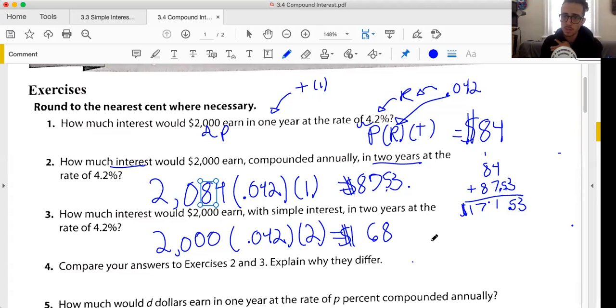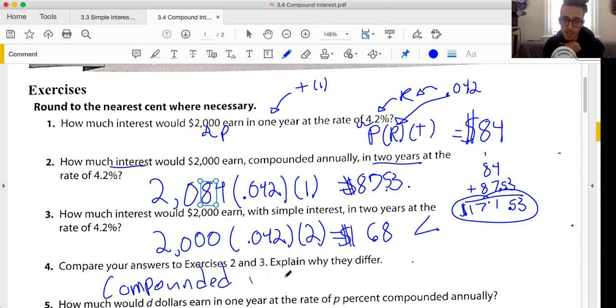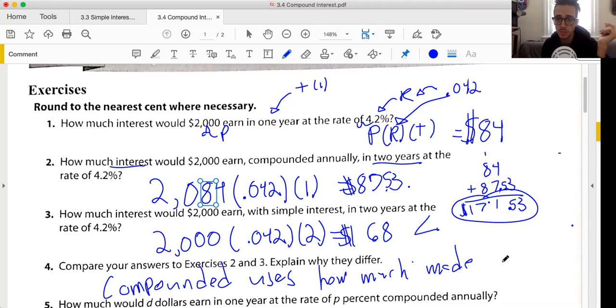So this up here is definitely greater than the 168 because if it's compounded, it uses how much you made in interest and then just keeps taking that in and compounding off of that, compounding off of that. So compound uses the interest made. There you go. What else?